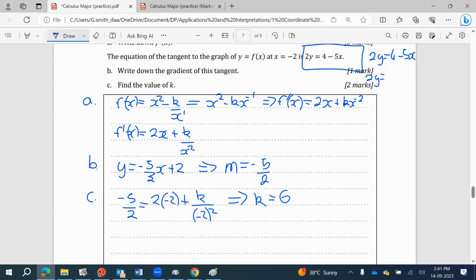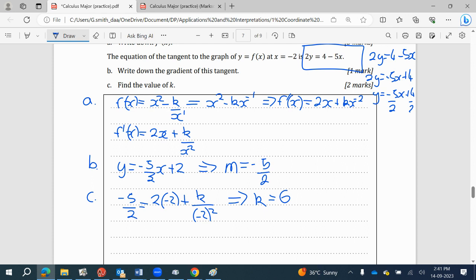That means 2y equals minus 5x plus 4. Then I divide by 2, and each one of these is divided by 2. So then I get negative 5 over 2 as my slope.